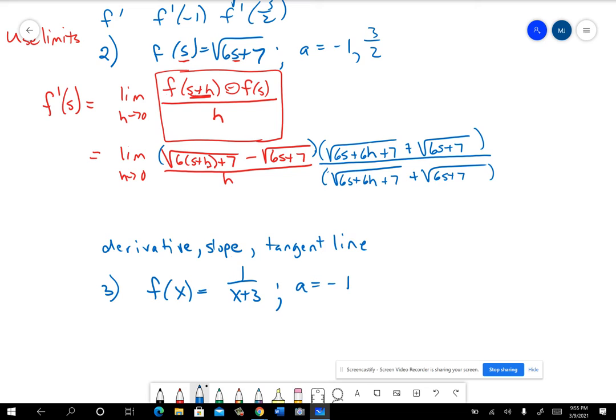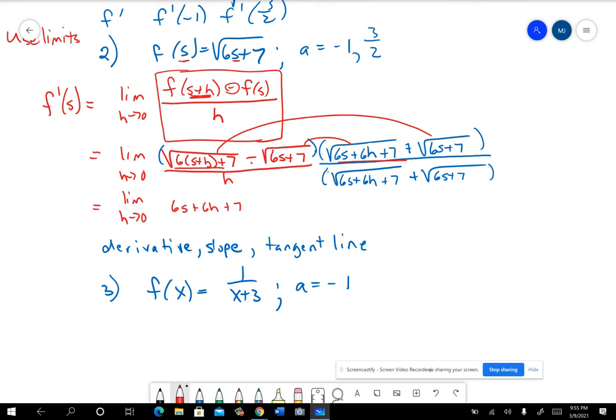Okay, so what's going to wind up happening as we take care of this, we haven't yet done the limit, so keep that on there, the limit as h goes to 0. But why you multiplied by the conjugate is this times this is just going to be 6s plus 6h plus 7 with no radical, because you're doing a square root of that times a square root of that. Then the inside 2 and the outside 2 are opposite, so they cancel out.